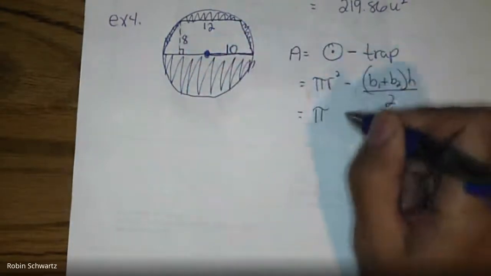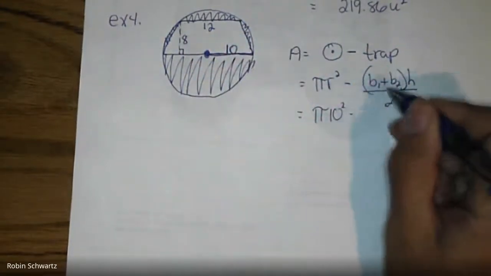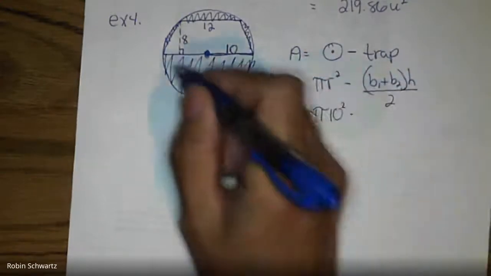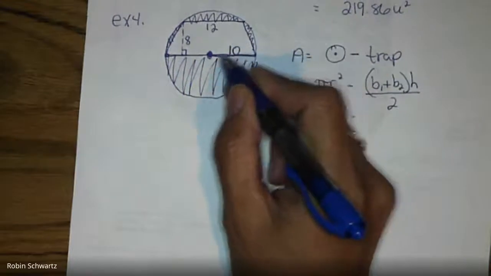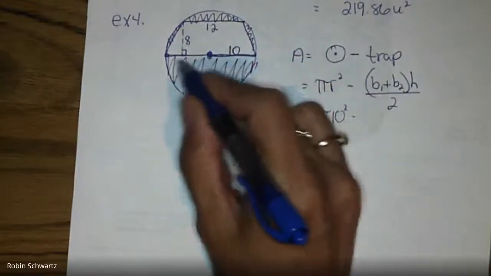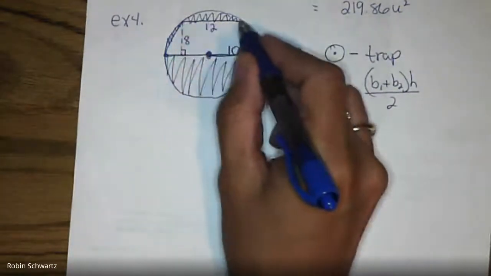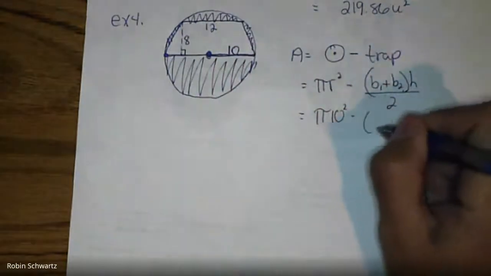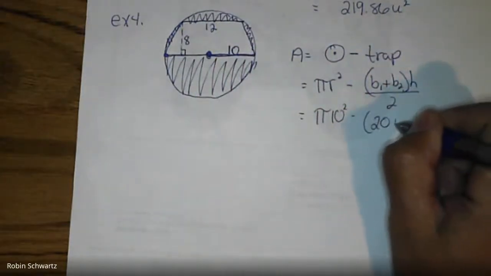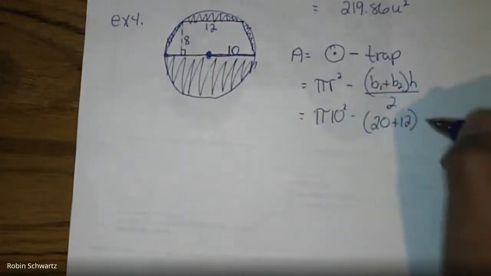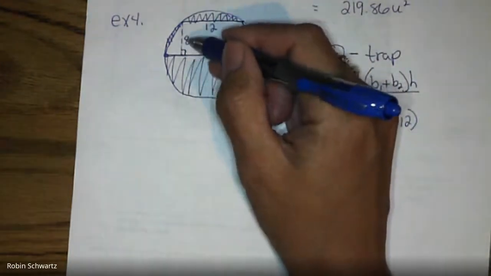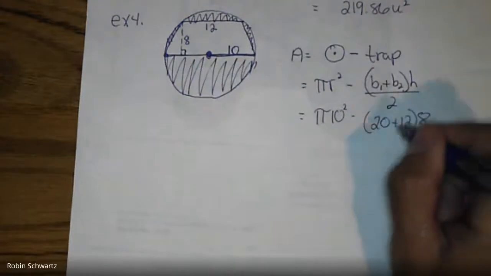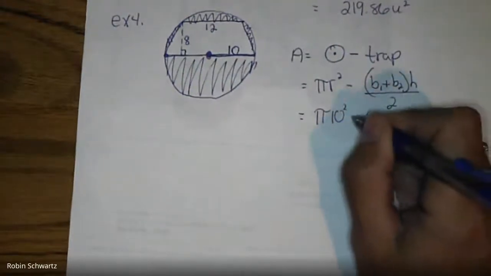That is 10. The bases on the trapezoid, well, all the way across here, didn't really give it to you, but you can get it by just adding 2 10s together and getting 20 across there and given 12 across there. So bases are 20 and 12. The height is how far apart those bases are. Perpendicular distance would be 8. Divide by 2 and make sure you're subtracting.